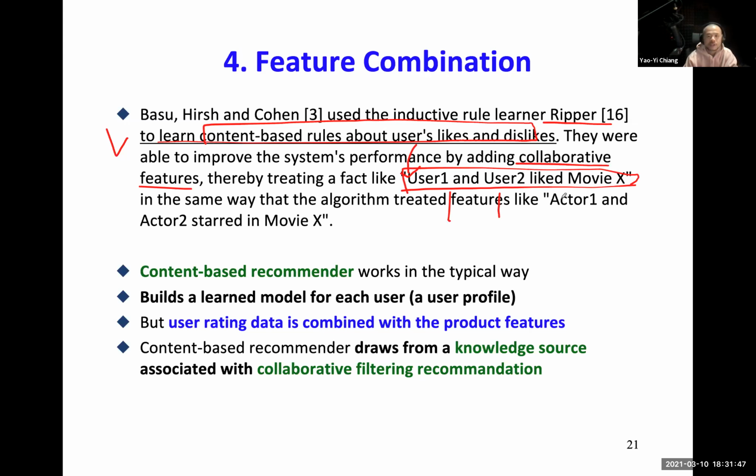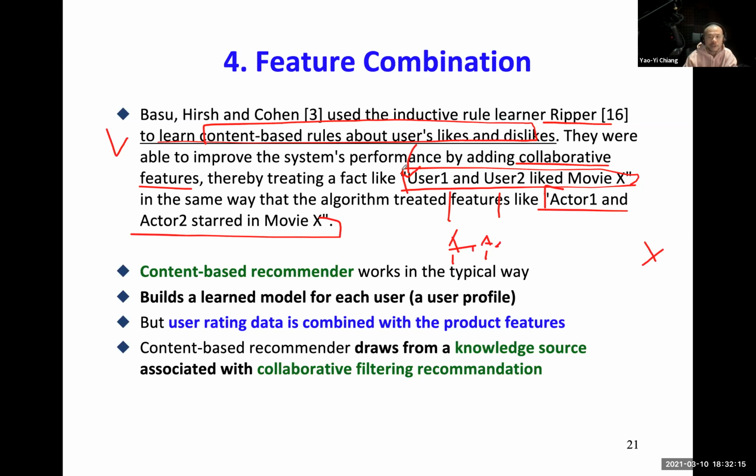But if you treat this as a feature of movie X, you'll be able to use a content-based system to process these features and make a recommendation. Right, so for example, like actor 1 and actor 2 star in movie X, right? This is your original content-based feature. You have actor 1, actor 2, and just put 1 here for your movie X, right?